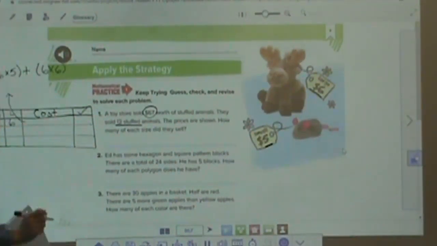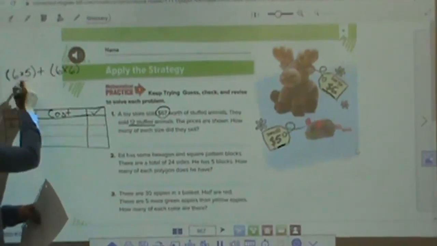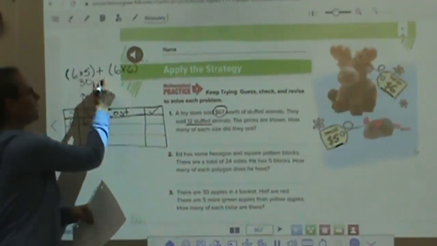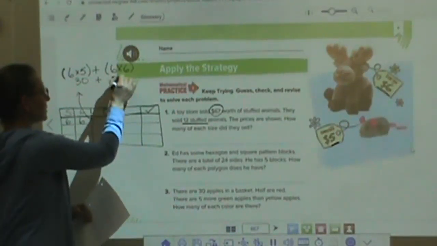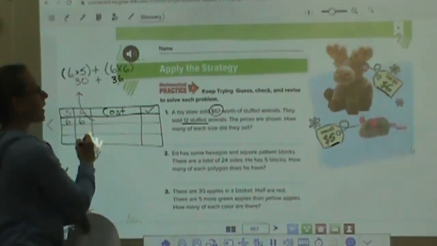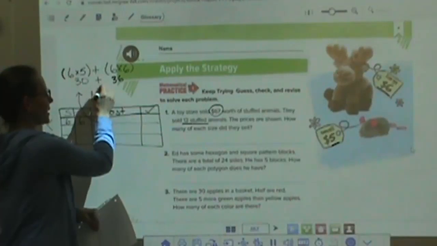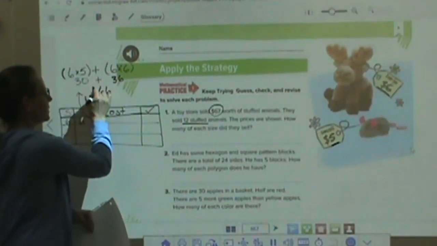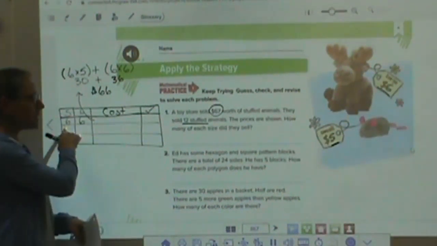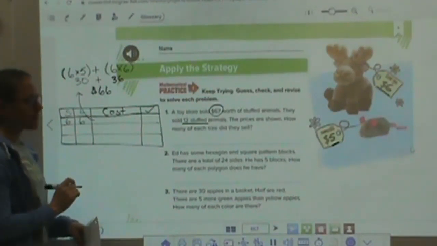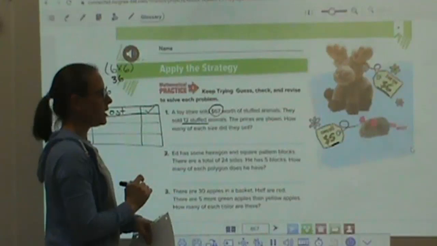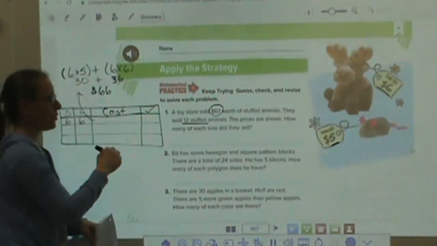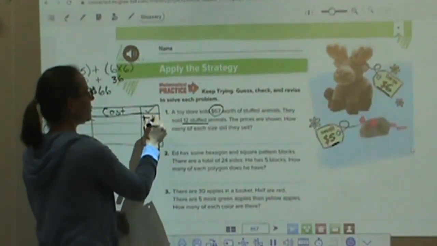And we'll be adding those together. 6 times 5 is 30, plus 6 times 6 is 36. Add those together and we get 66. Well, it does equal our 12 stuffed animals, 6 and 6, but it does not equal our $67 worth. This number is too low.